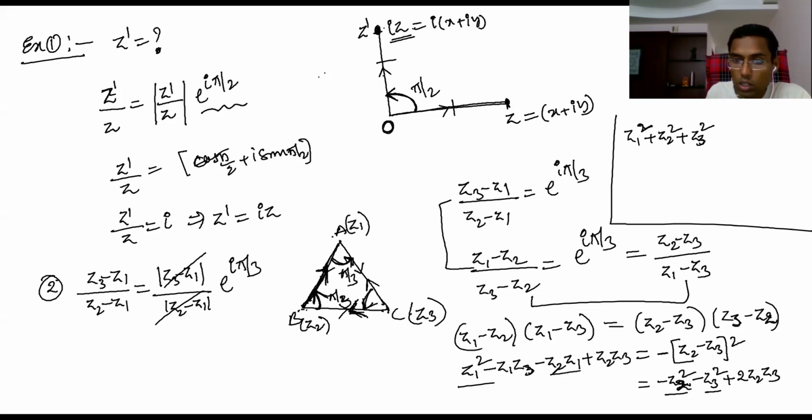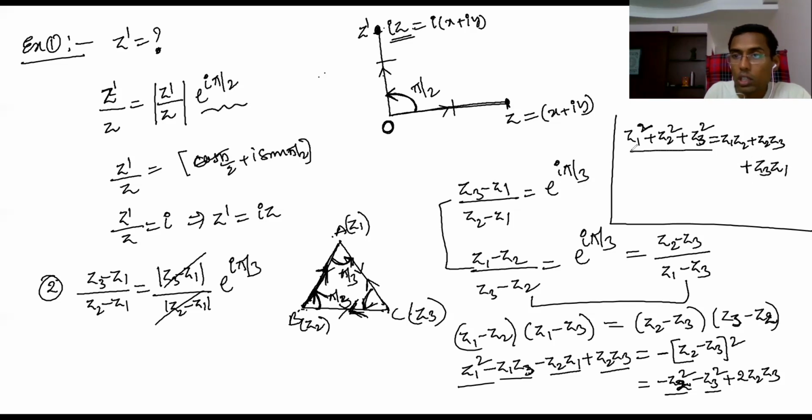Z1 Z2 is there, Z2 Z3 is there, Z3 Z1 is there, but if this goes to this side, Z1 Z2 gets cancelled, one more Z2 Z3 is left. So what I have, this equal to Z1 Z2 plus Z2 Z3 plus Z3 Z1 you have.